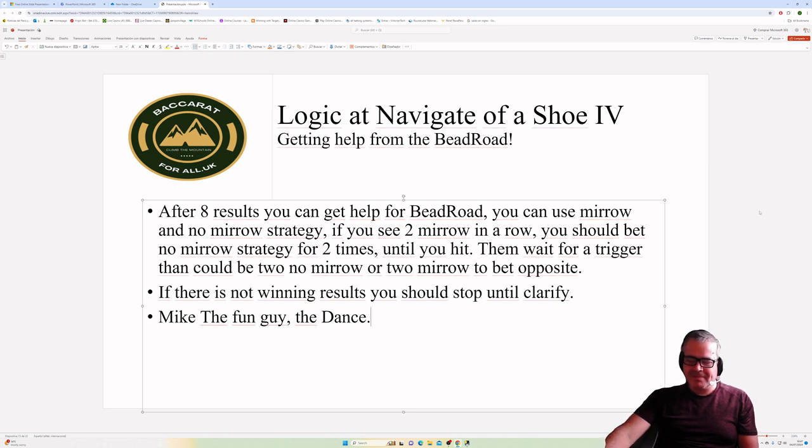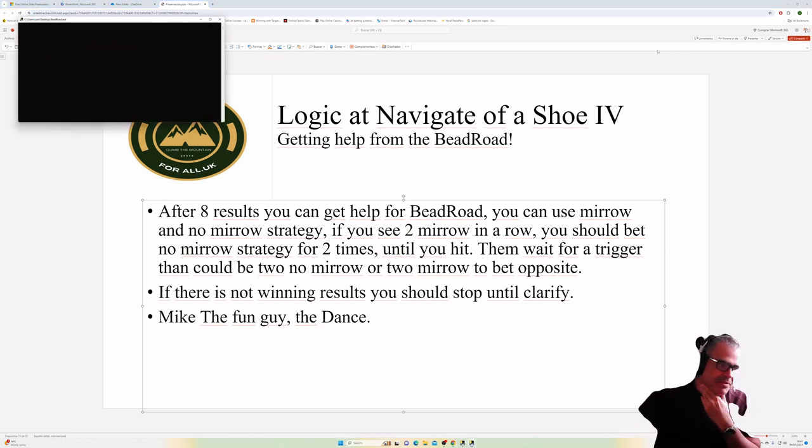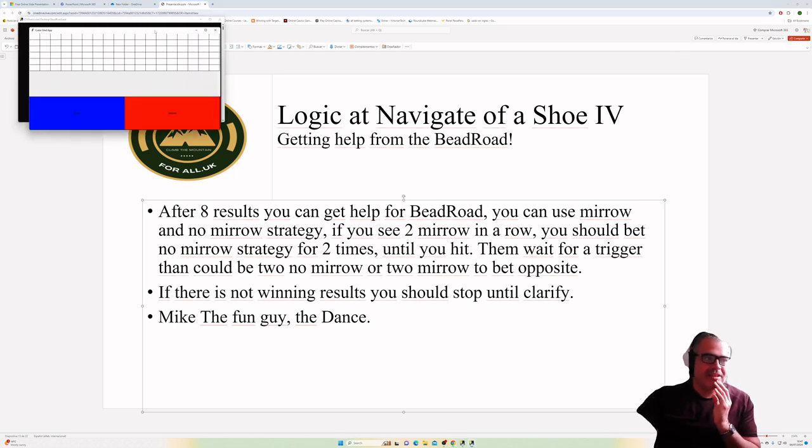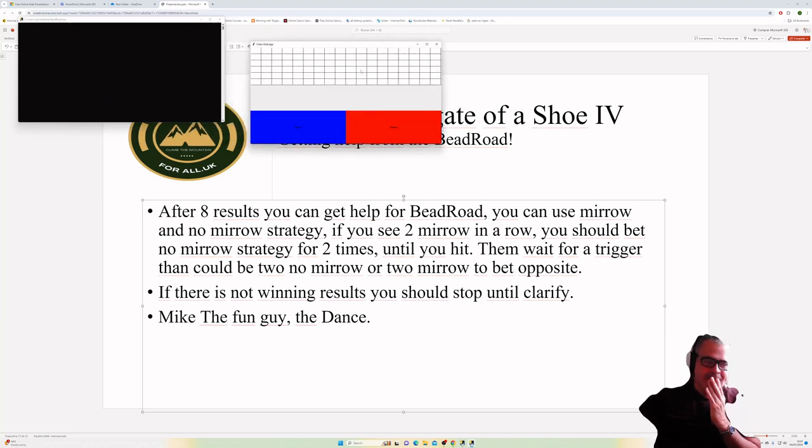Basically, he compared the beer road and the beat road, and it is this. So basically, what he does is he waits for 8 results. I will put random ones. For example, if the first line is the same and the second line is the same, he starts betting.